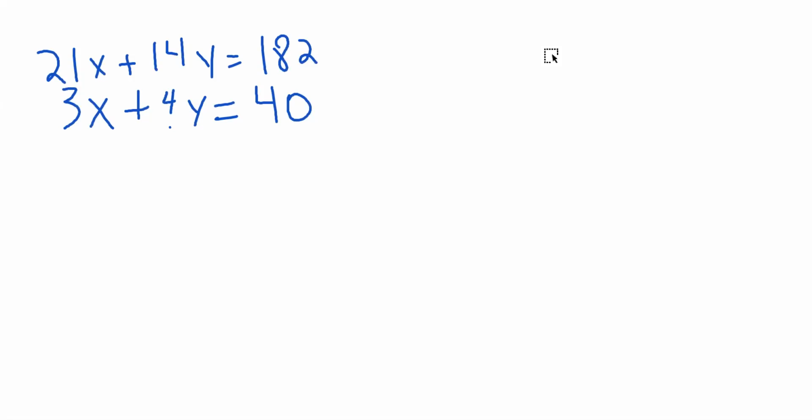Now, technically, we can use elimination or substitution. It's just kind of your fancy. Just to give you another example of elimination, we'll use elimination. So it looks like 21 and 3, if I were to multiply this second equation by -7, that will kind of do what I'm hoping.